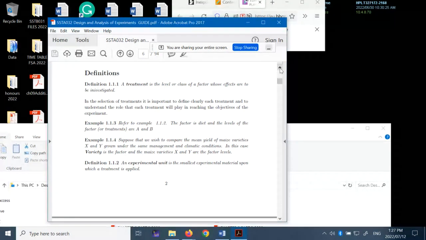So for us to achieve our task, we need the experimental units, which in this case are the students. For our experiment to be possible, we need the students to go and write maybe an assessment or a test, so that we can check which method is better than the other method.